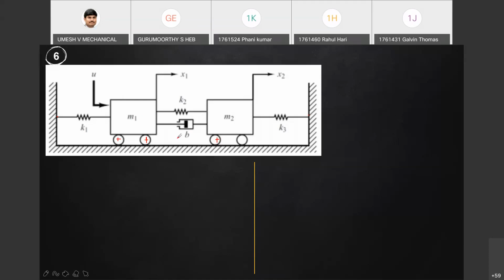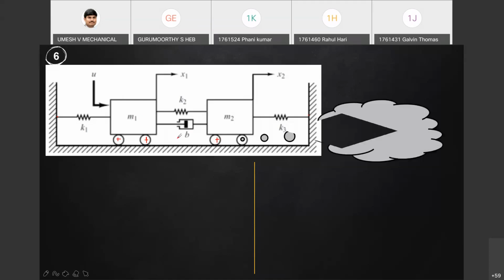Now, the significance of showing this wheel is that please don't consider any kind of damping between the surface here.